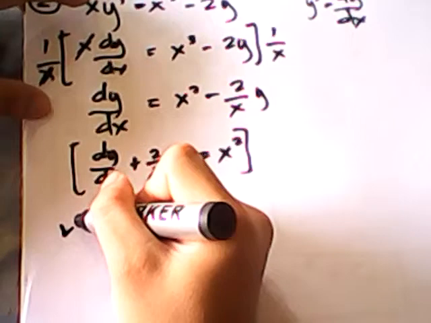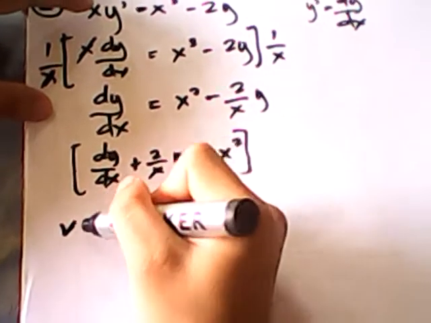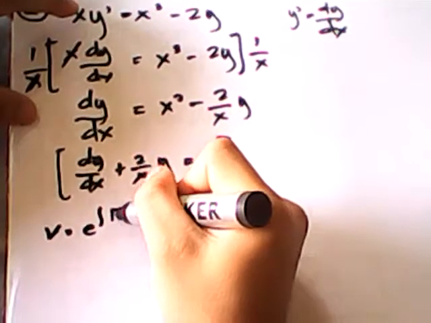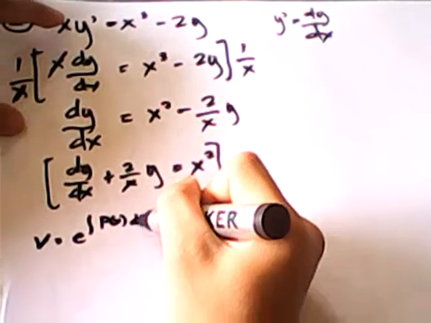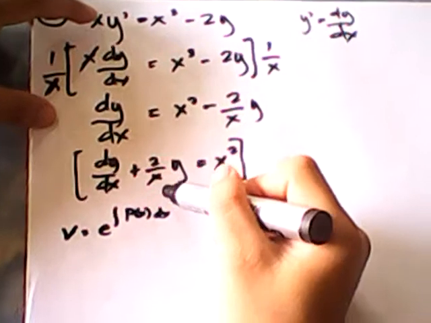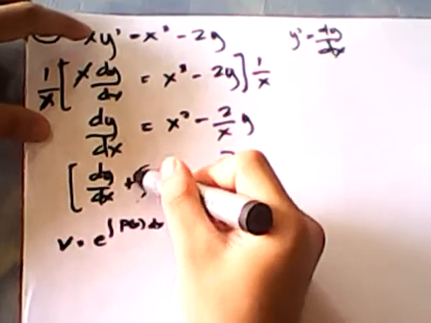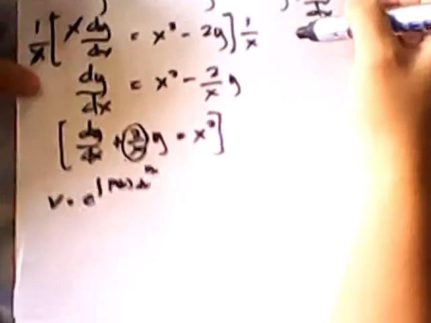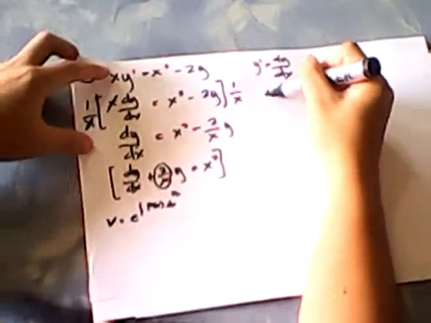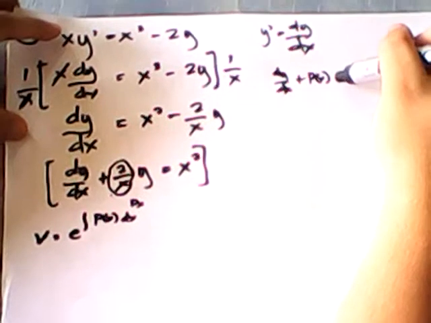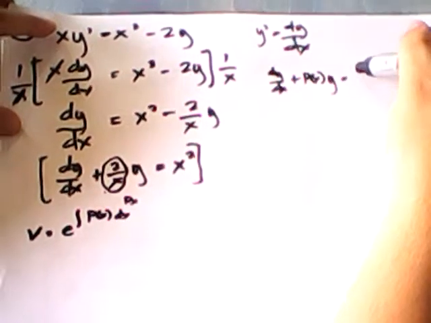The integrating factor is v is equal to e to the integral of p of x dx. Since this one is the p of x of our differential form, dy dx plus p of x y is equal to f of x.